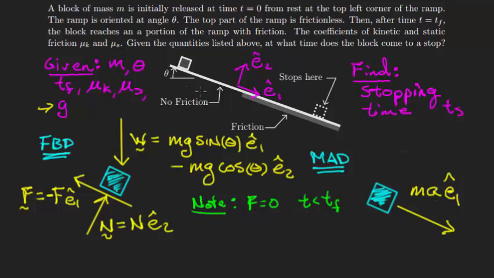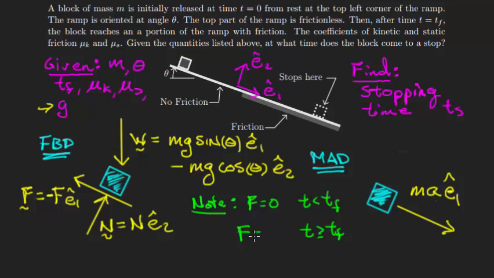Before we get to this friction part, the friction force is 0. Does that make sense? So we'll leave that out of the equations when time is less than TF. But when time is bigger than or equal to TF, so after time TF, we're going to let F be, remember, this is a sliding friction right here.